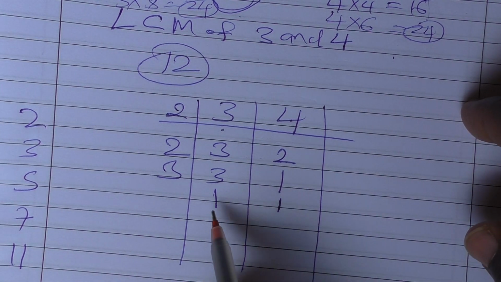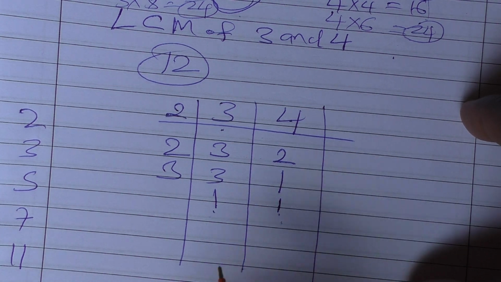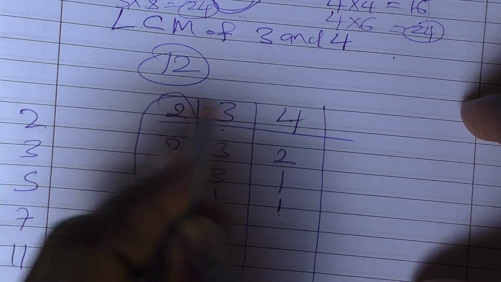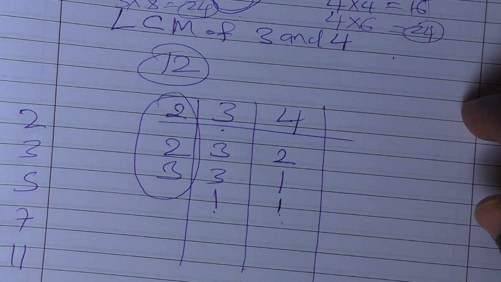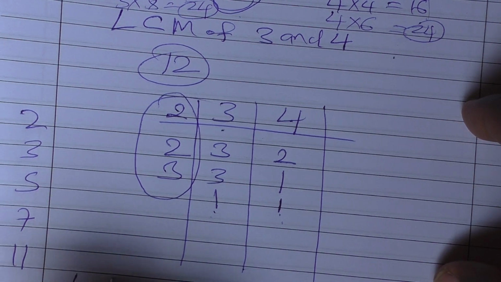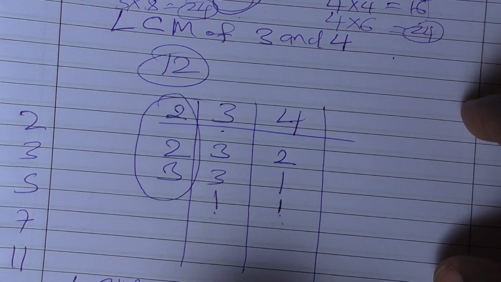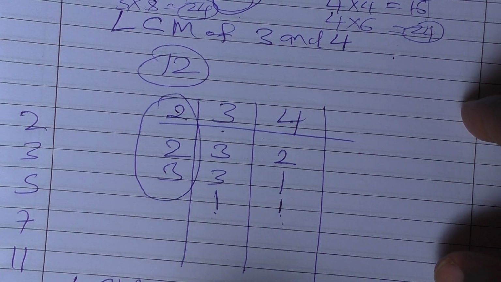So after decomposing these numbers to 1, we multiply what we could call the decomposers or the divisors. And therefore, our LCM could be 2 times 2 times 3 to give us 12.